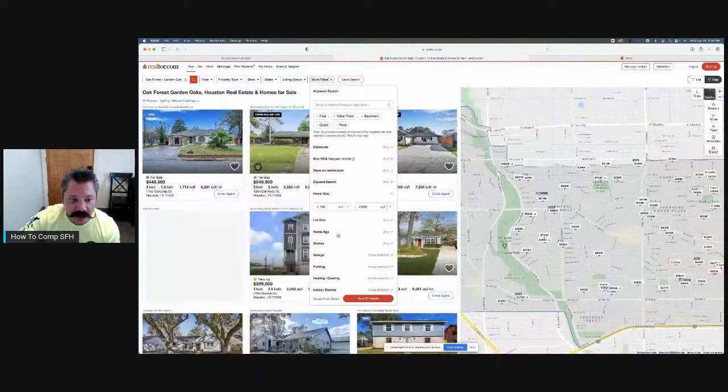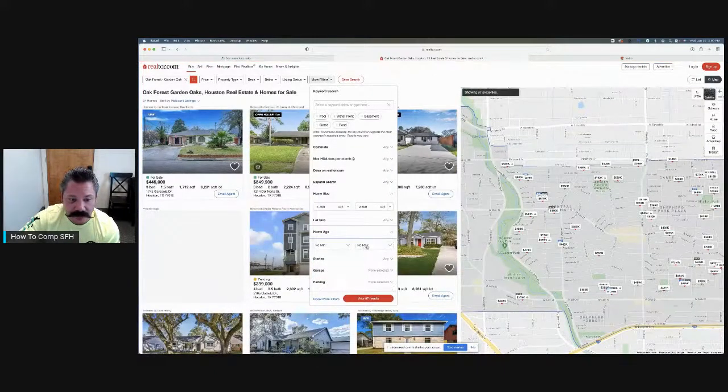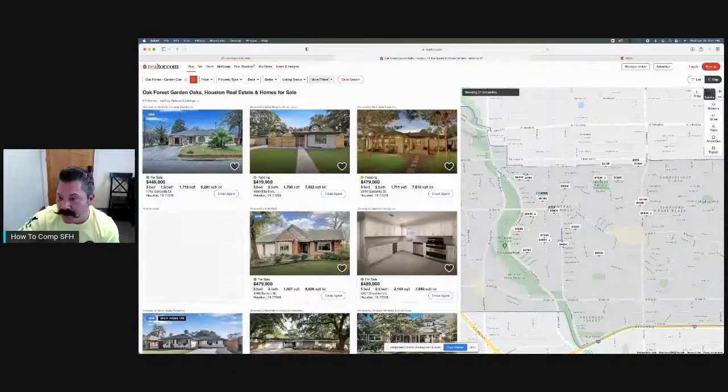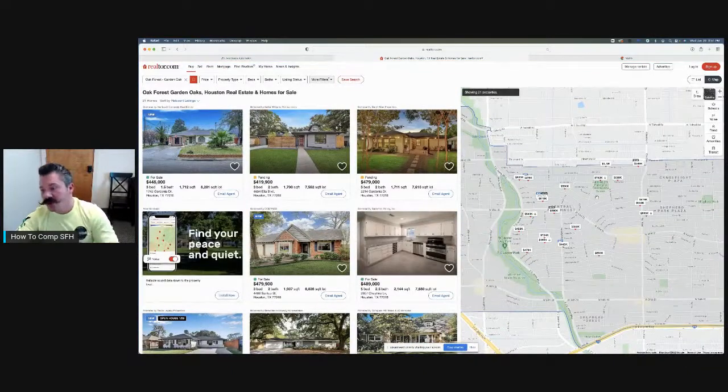Let's say home age. No max age, but a minimum age. Let's see, that was, oh my, that was 20 years ago. All right, it goes down even more. So those are my comparable ranges.